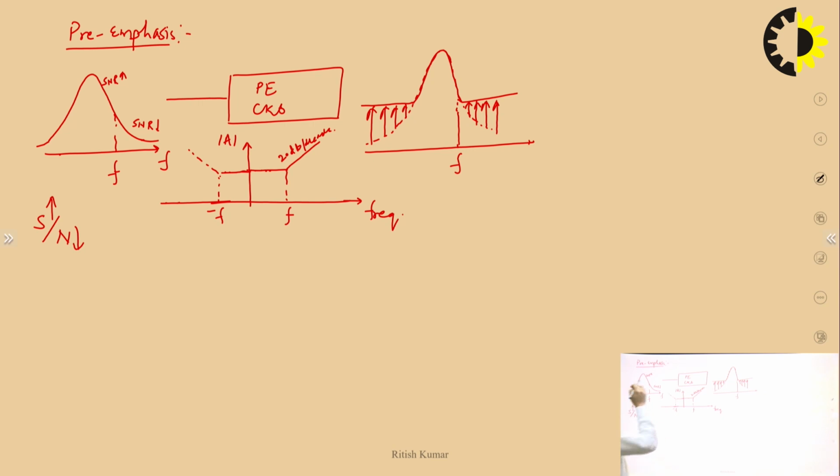So if you pass this signal through this system which has a frequency response like this, then you will get the signal power in this way. Above f you will get high signal power, right? So this is the process to increase the signal strength at the transmitter side.